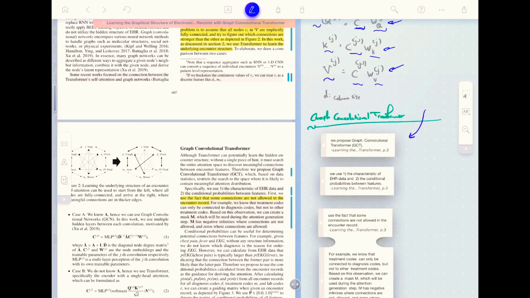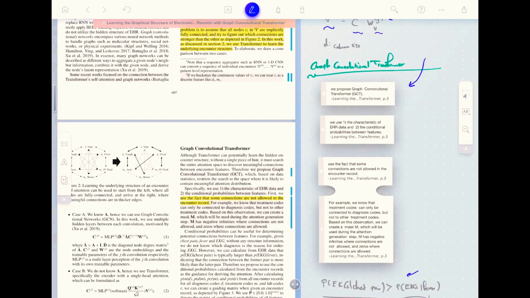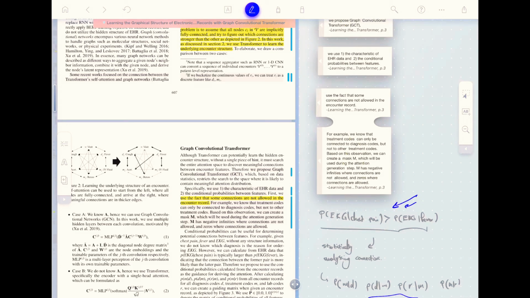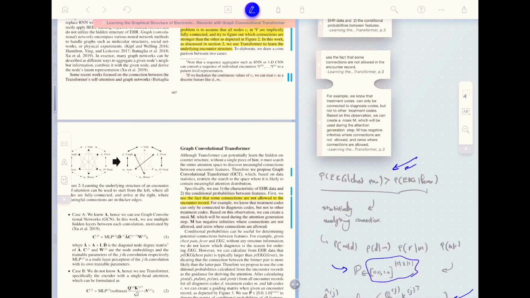The way they do that is that they go over the conditional probabilities, generate them, and then use that as an approximation of how the adjacency matrix should look, and then basically they take it from there. So if, for example, one goes over the dataset, they can realize that the probability of observing the EKG observation given that chest pain is observed is way higher than EKG given that fever is observed.